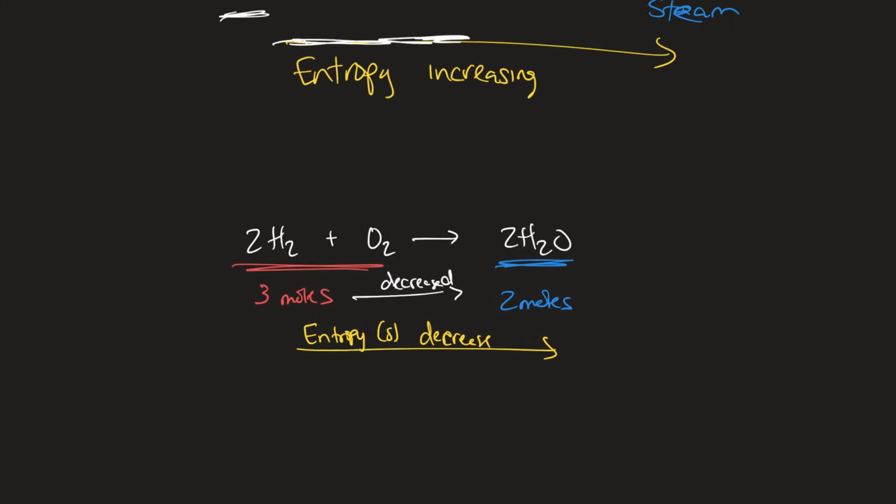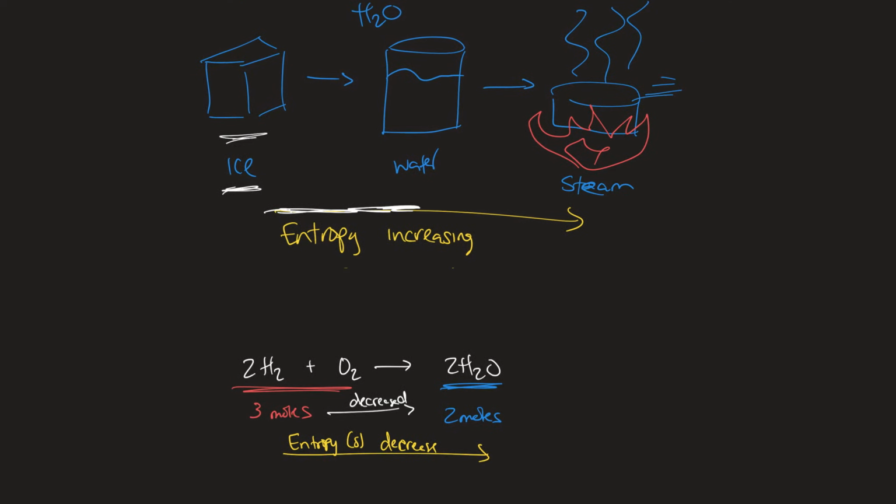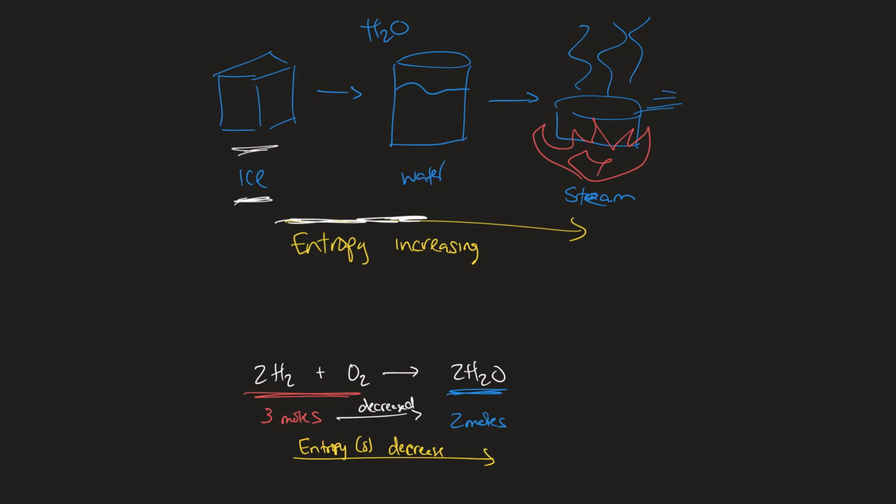So just to reiterate, there are 2 ways of changing the entropy of a particular substance. Either you change the state of matter. If you're going from gas to liquid to solid, you will see that substance becoming more and more organized.